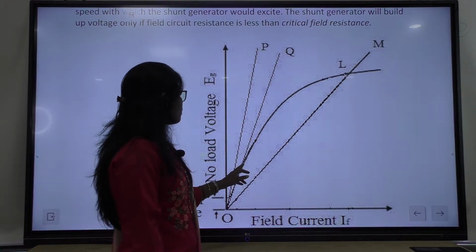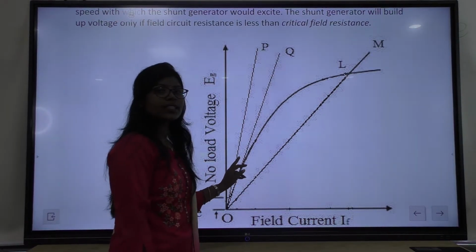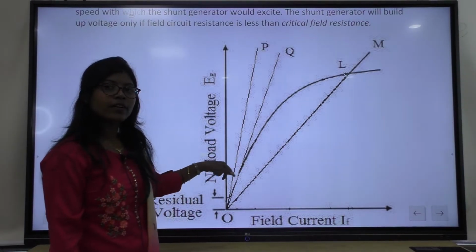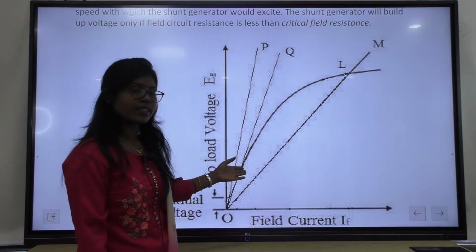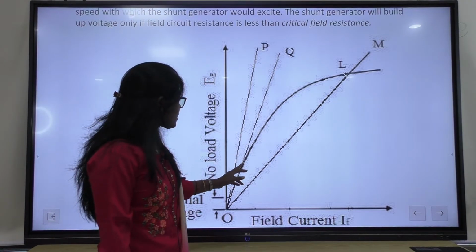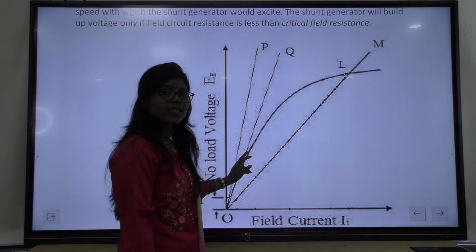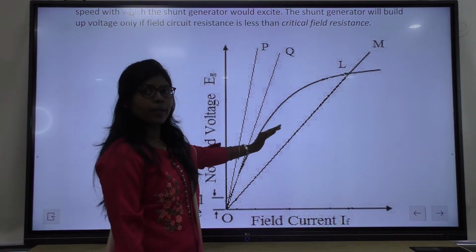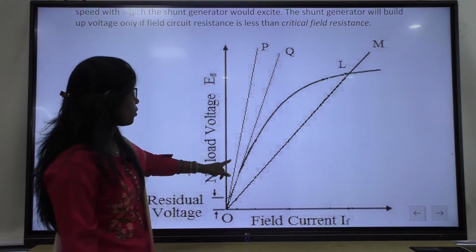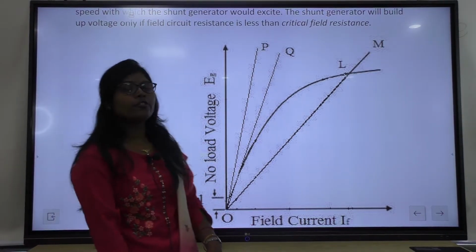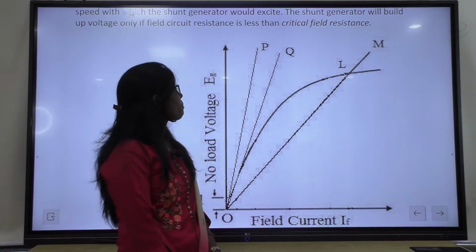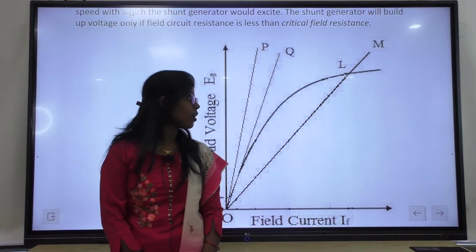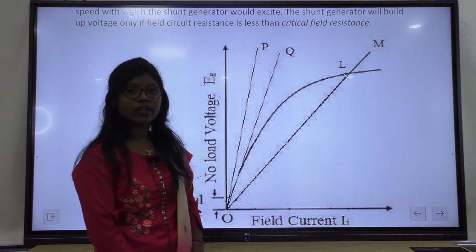So how can you define what is critical resistance? The critical resistance is the shunt field resistance which touches the open circuit characteristics, or you can say which is tangent to the open circuit characteristics. Okay. So you can define critical resistance as the maximum shunt field resistance.